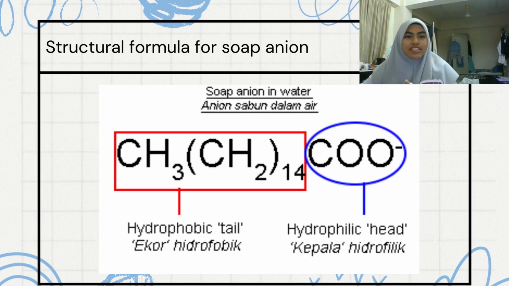The structural formula for the soap anion has the hydrophobic part as a tail and the hydrophilic part as a head, just like this.